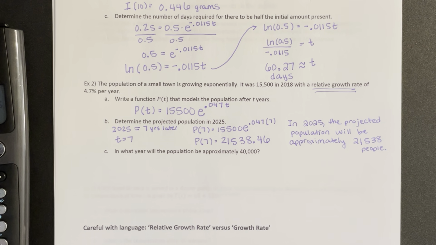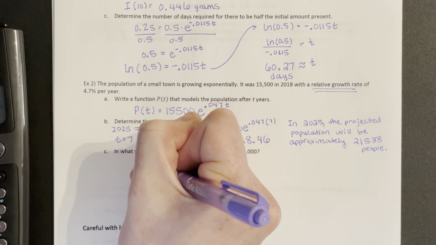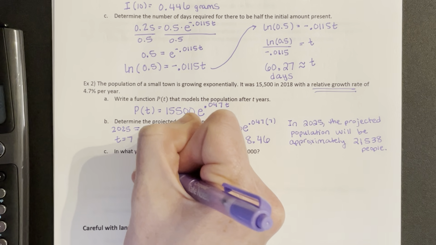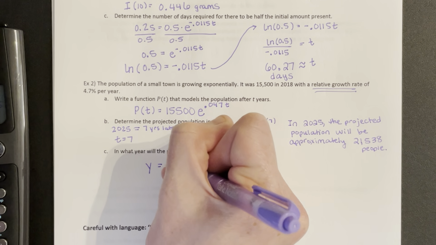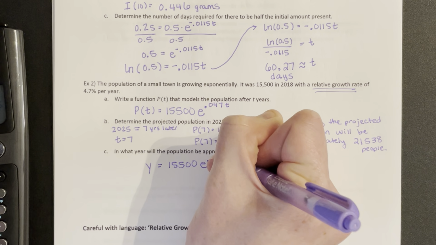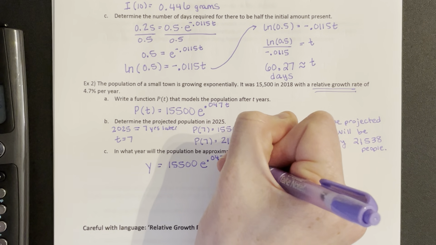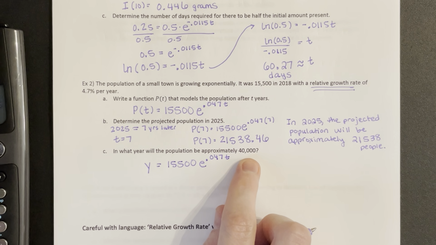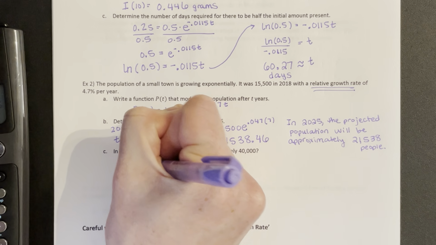In what year will the population be approximately 40,000? So this time I'm solving for the year, and we can make that a y instead of a P of t, but 15,500 e to the 0.047 t. We know we're looking for 40,000, so y is 40,000. That's what I should have put there.